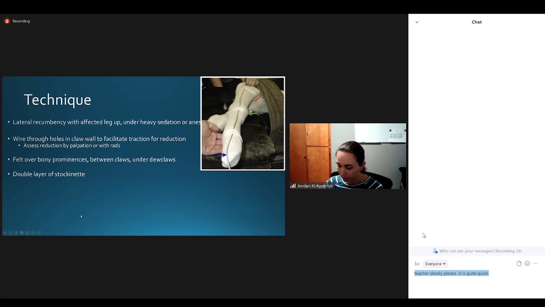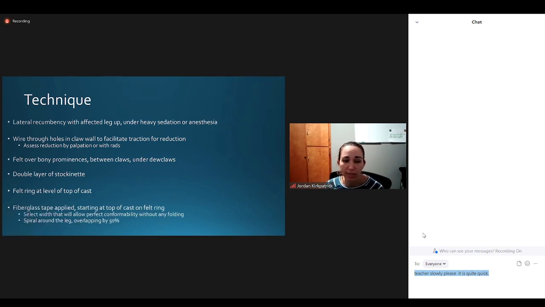Once you have this on, you'll put a felt ring at the top of the cast. On this animal, it's going to be right here, right below the olecranon. And that's going to be the top of the cast and where you'll start with the casting tape. So once you have this on, the fiberglass casting tape is applied again, starting at that felt ring. And you want to select the width that will conform well to the limb without any extra folding.